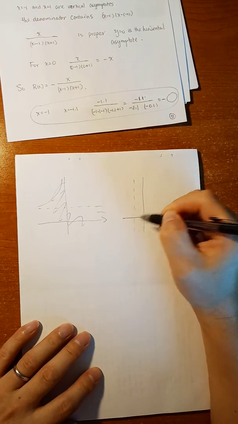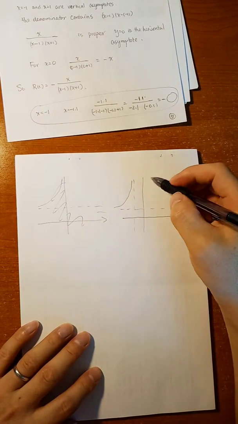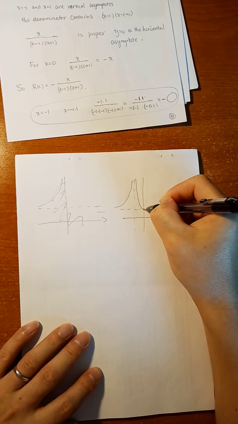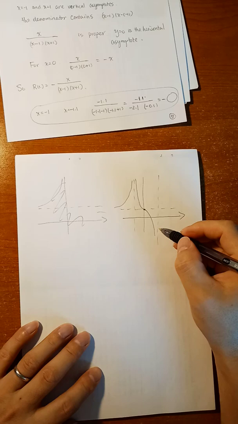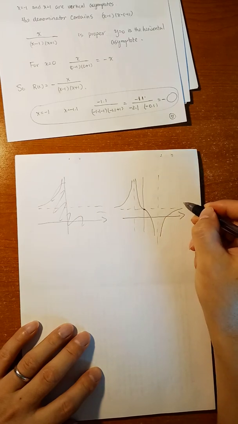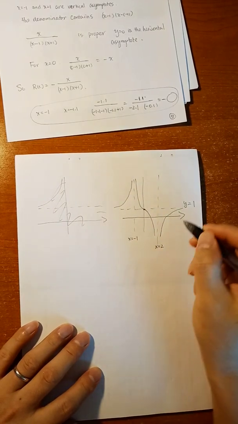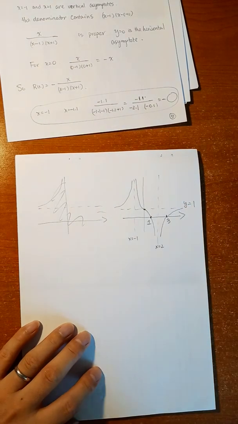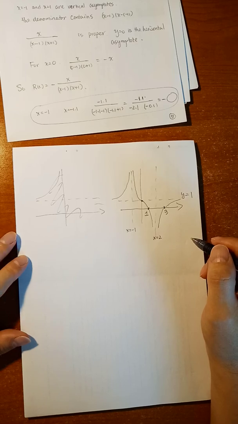So x equal to -1 is here. Y equal to 1. Graph looks like this. Okay, let's check.